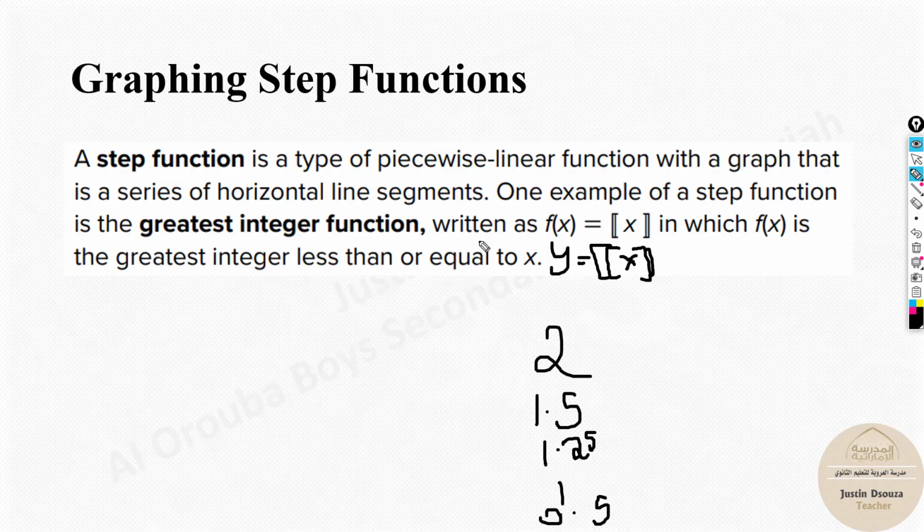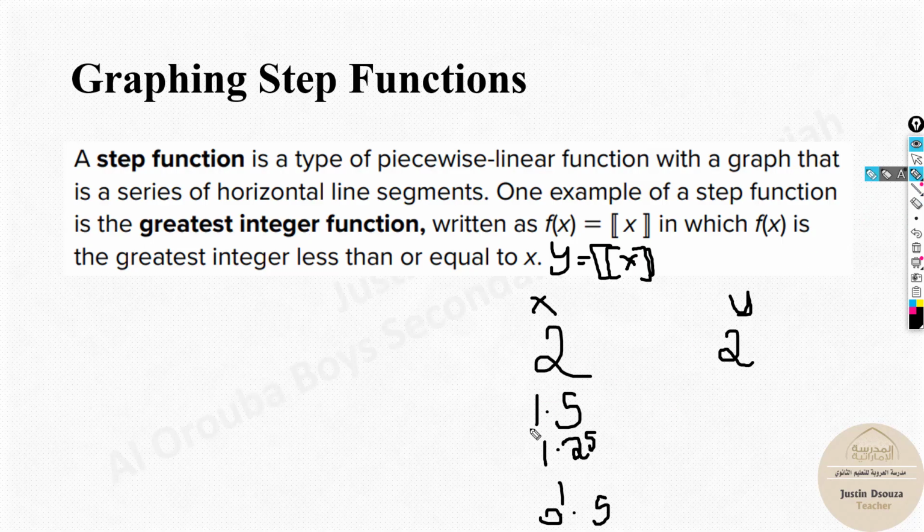Yes. So if the x value is 2, what is the y value? Y equals 2 itself. But if I put in 1.5, you must make sure that this corresponds to an integer.